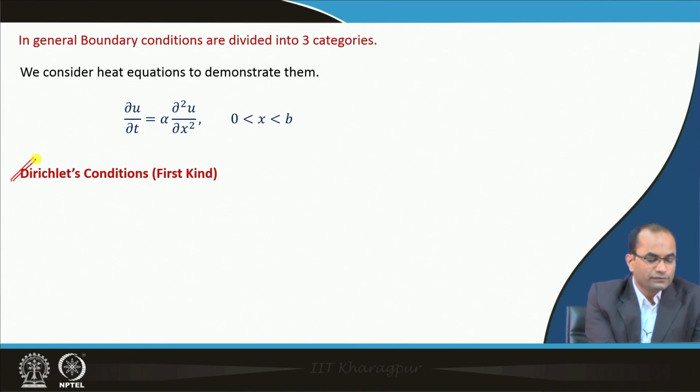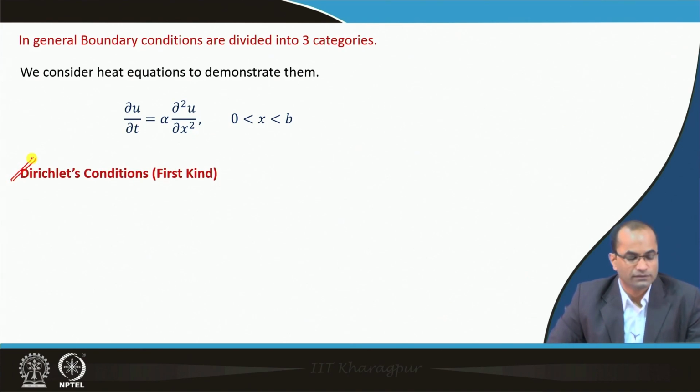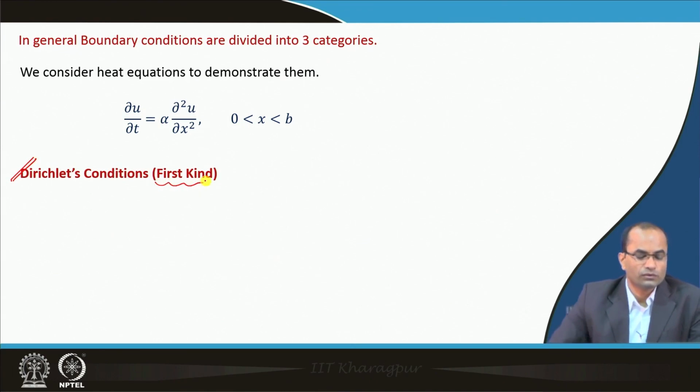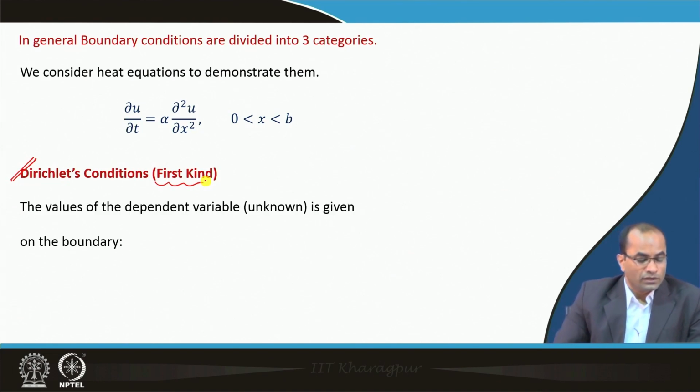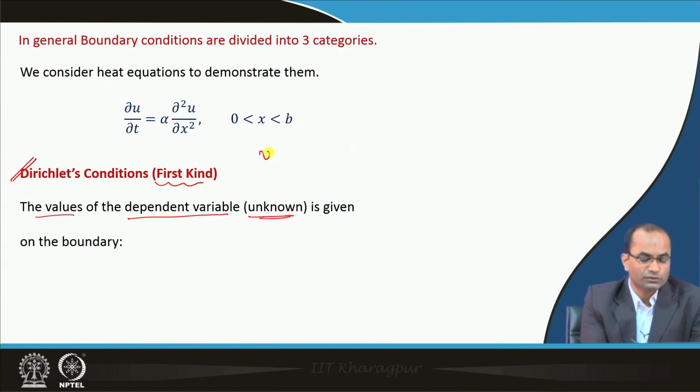The first type of conditions we will discuss here is the so-called Dirichlet conditions, also called first kind boundary conditions. Here the value of the dependent variable, which is unknown, is prescribed. In our case u is the unknown variable, and it depends on 2 variables, x and t.